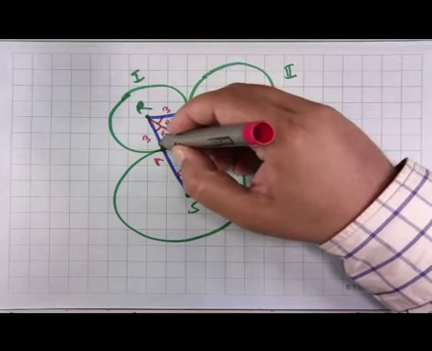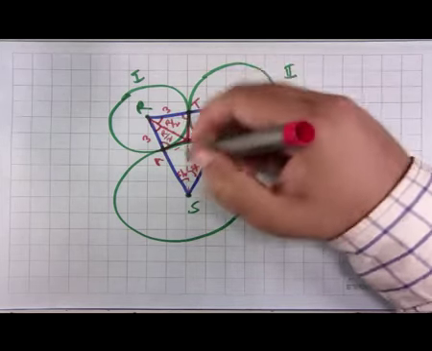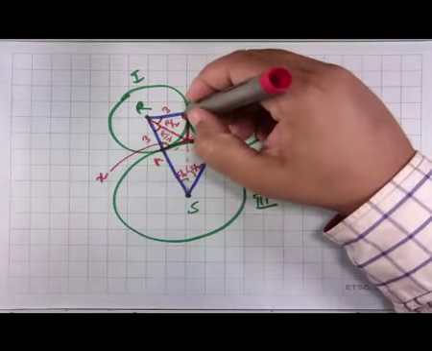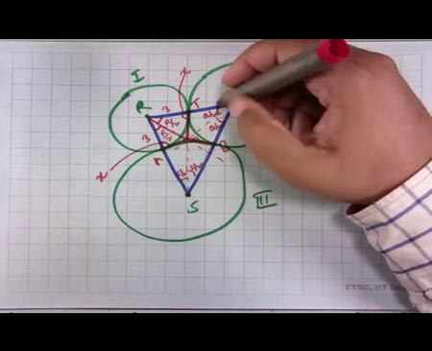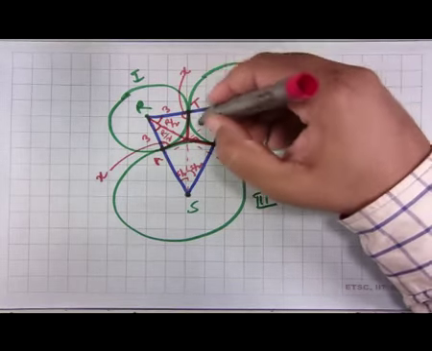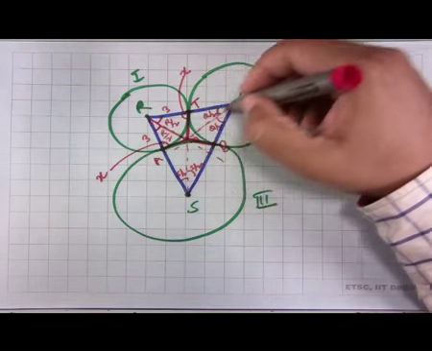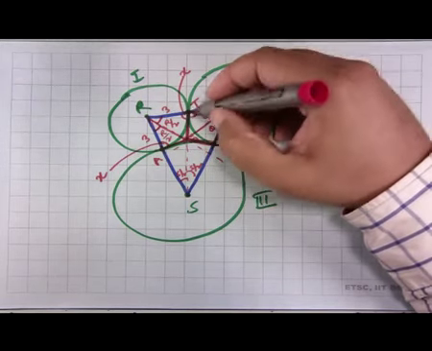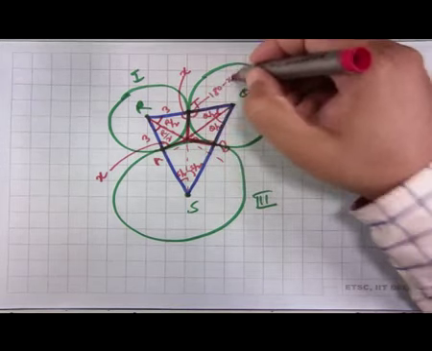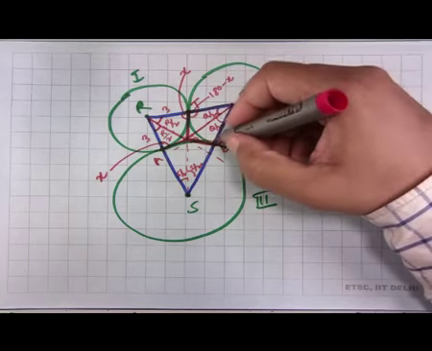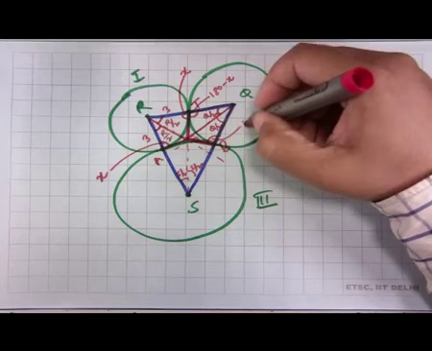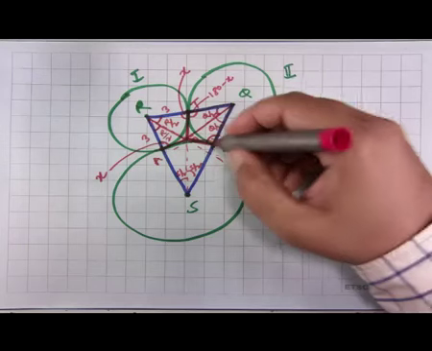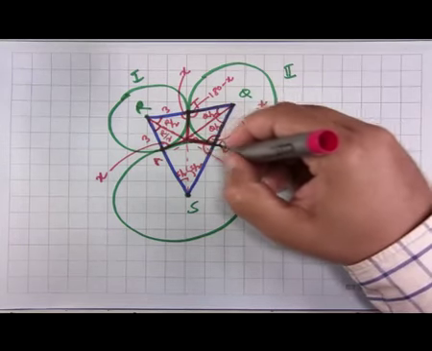Further, this angle and this angle are equal. Let me call this angle x, so this angle is also x. From the congruency of this triangle and this triangle, it follows that this angle, which is 180 minus x, is also equal to this angle, which is 180 minus x. But since this is 180 minus x, this angle has to be x.